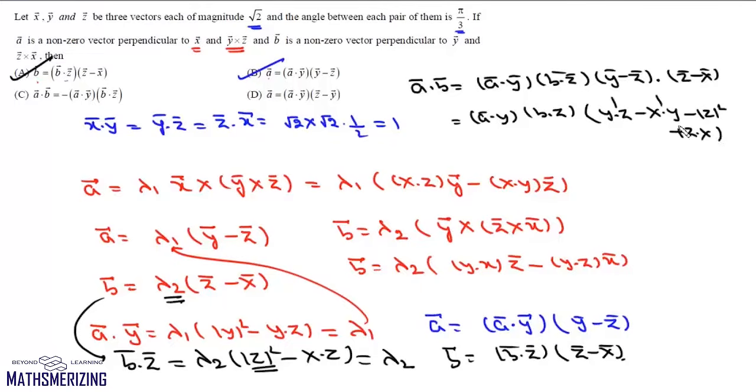Now this is 1, this is 1, this is 1, and this is 2. So this 1 and 1 will cancel. So this value is actually minus 1. So from here we can say this A dot B will be equal to minus A dot y into B dot z, and that's your option C. So the correct options are A, B and C.